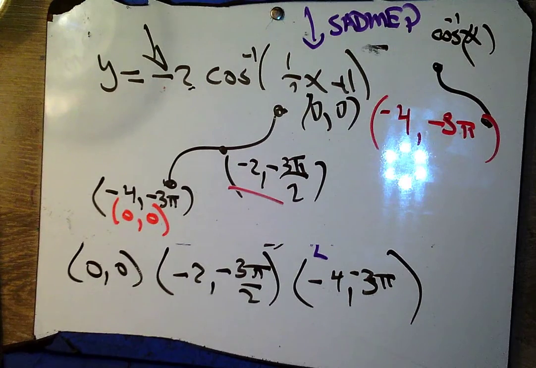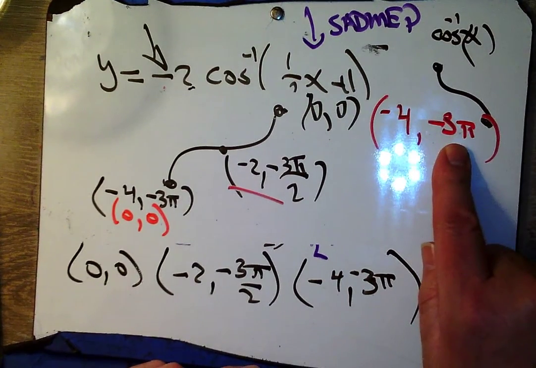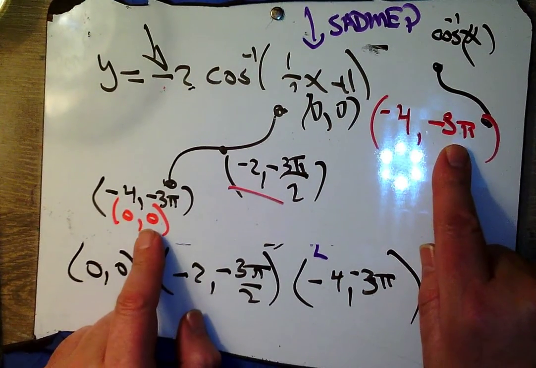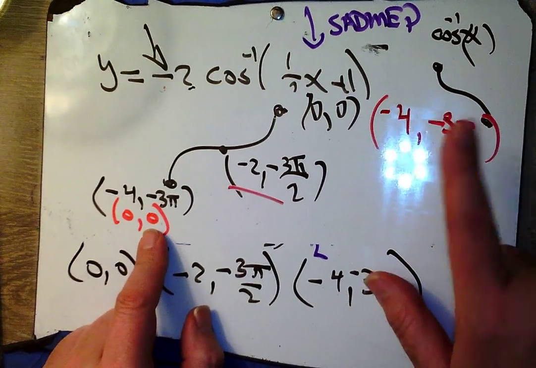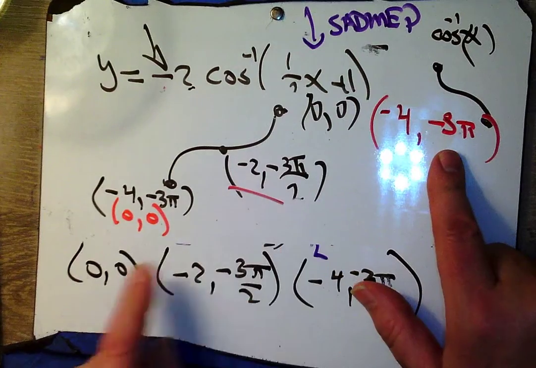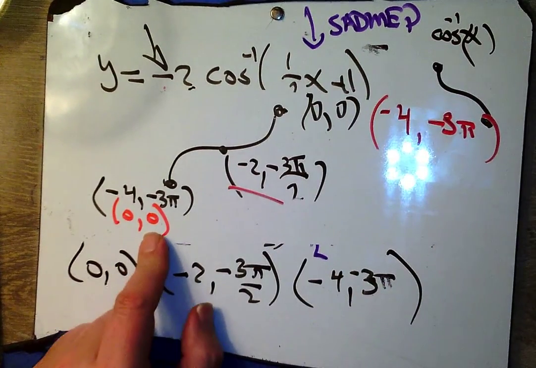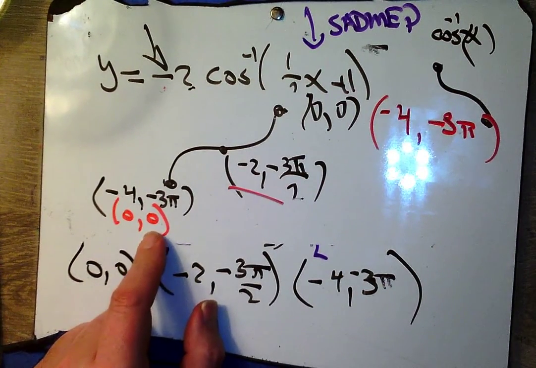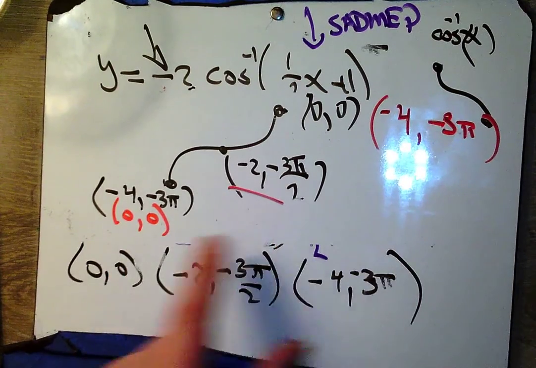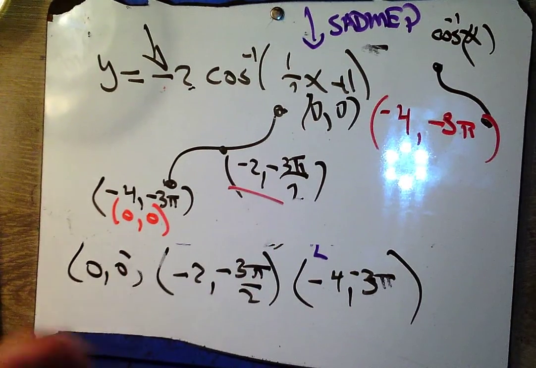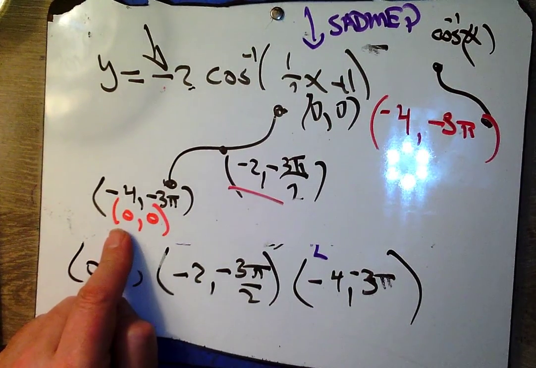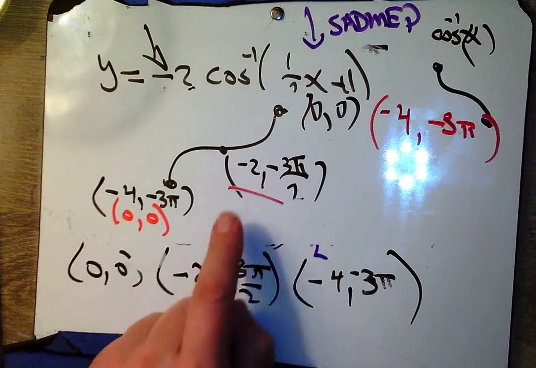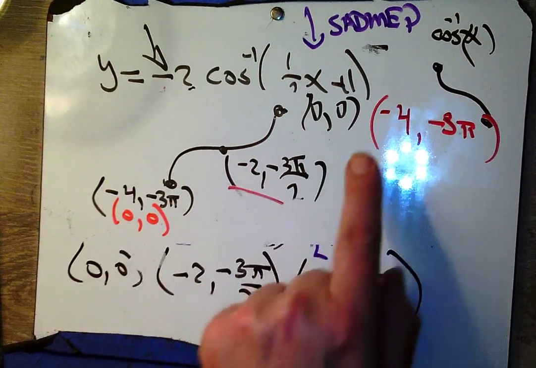The first is that -3 pi should be below 0. This is a negative number. This is 0. Both of these have to be below the y value here, and that's not true in this red understanding of what's going on. The other thing that happens is, here the x value is 0, and then we have an x equals -2.